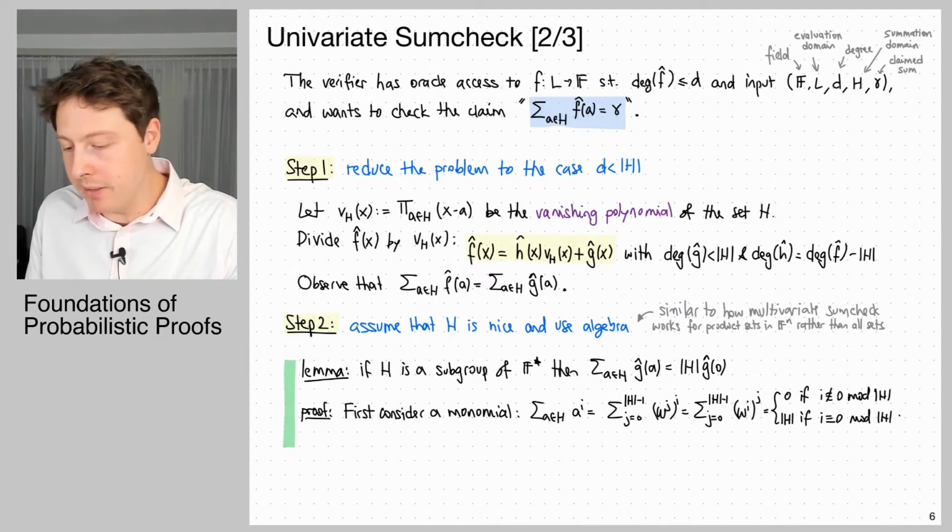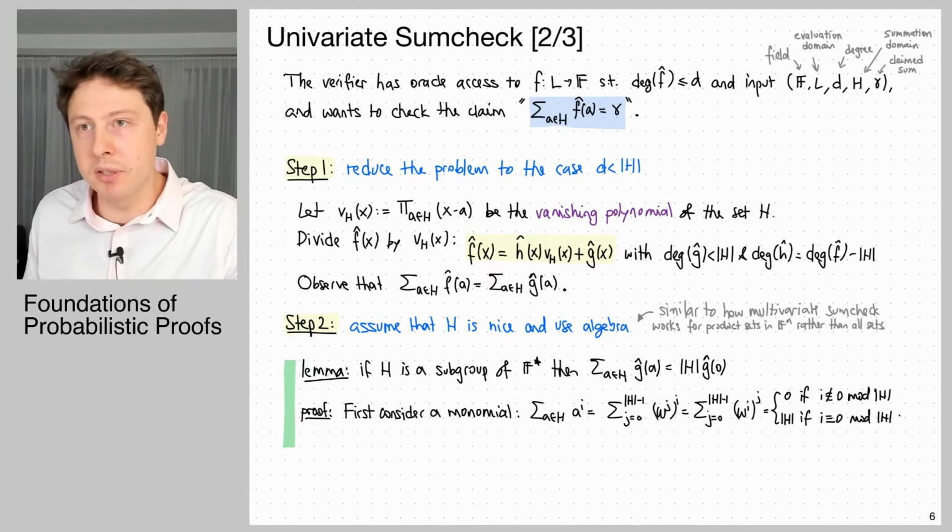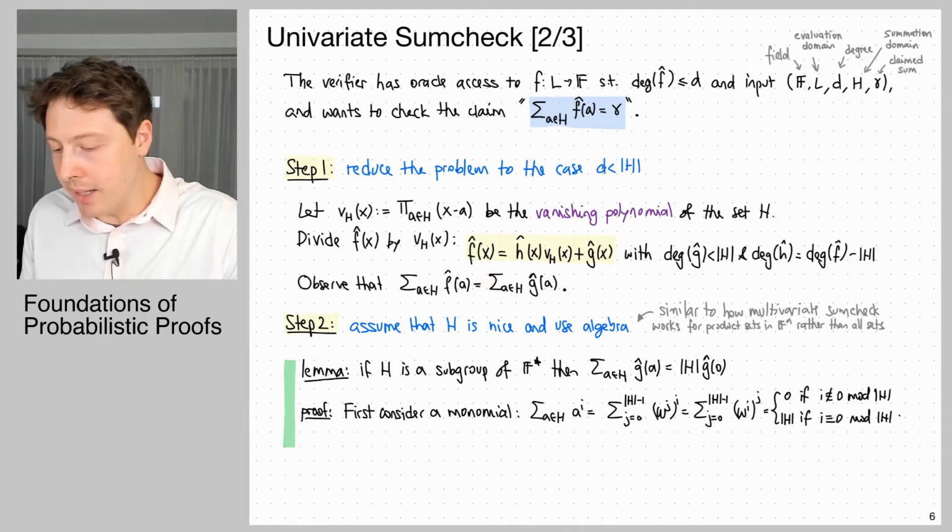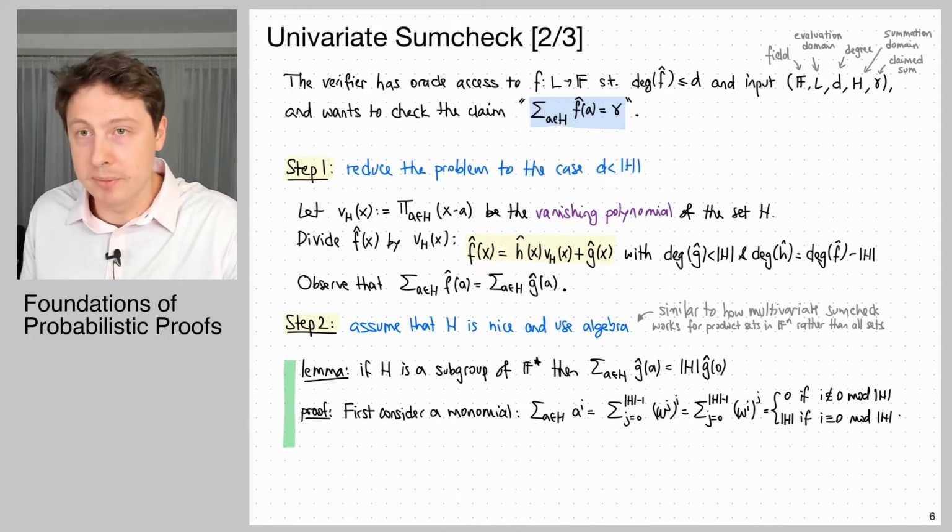Now, if you flip the indices, that's what I get. And now there's only two cases, right? I'm summing up basically all the roots of unity if i is not 0 mod h, right? Otherwise, I'm just summing up 1, h times, right?